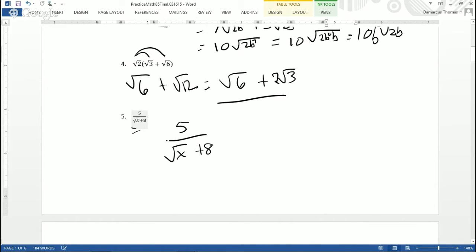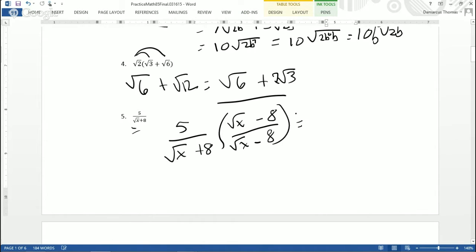Now, we have to simplify this expression, and so we have to get rid of the radical in the denominator. That process is called rationalizing the denominator. So what we have to do is multiply the top and bottom by the conjugate of the denominator. The conjugate of root x plus 8 is root x minus 8.